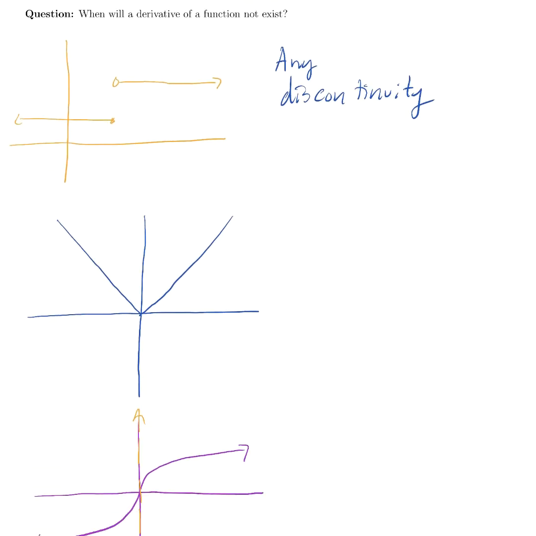Also, if I have a picture that looks like this, where the function comes to a cusp or a point, the derivative doesn't exist here. F prime of 0 does not exist. So at a cusp, this looks like a function something like the absolute value of x.